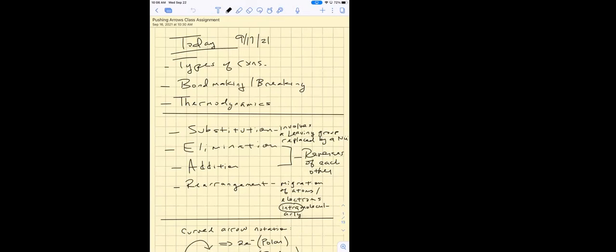But I do need to grab from Blackboard this one sheet with the bond energies on it. If you have a chance, when you go into that 2A module, there's a document. Let me find it for you. I'm gonna share my screen so you can see exactly where it is.